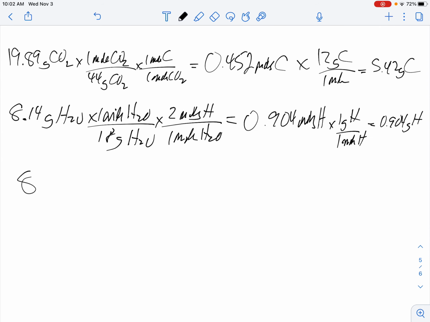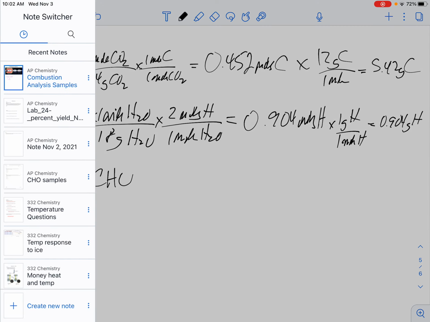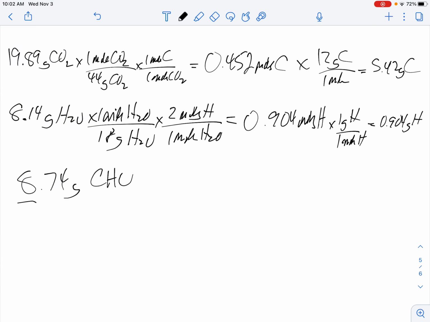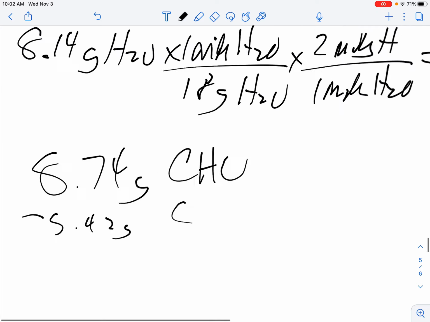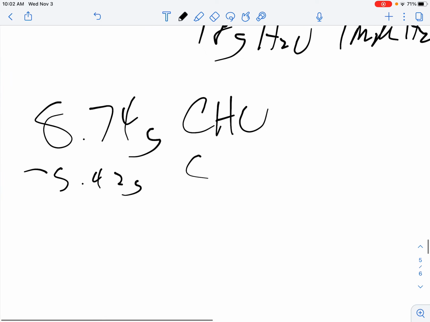So I'm going to say 8.74 grams of CHO minus 5.42 grams of carbon, and minus 0.904 grams of hydrogen.